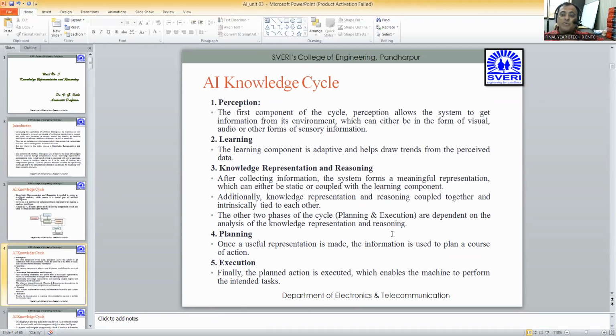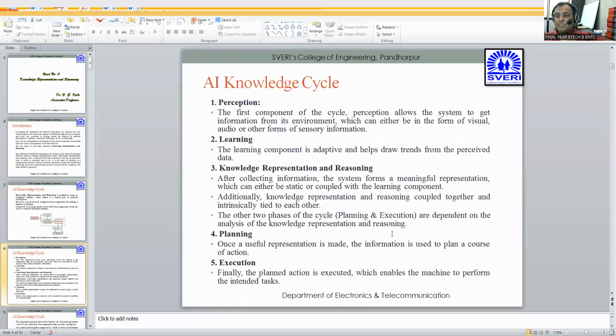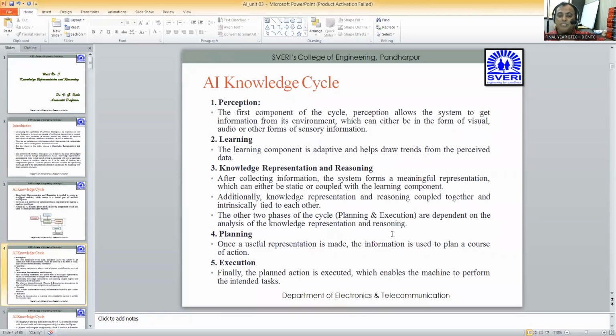And the other two phases of the cycle, which are planning and execution, are dependent on the analysis of knowledge representation and reasoning. Obviously, the last two, planning and execution, depend on this third. So the heart of the picture about this cycle is the third block, which is nothing but knowledge representation and reasoning. Now the fourth step is planning. Now when I know that there is knowledge representation and reasoning, now I'll go for the planning.